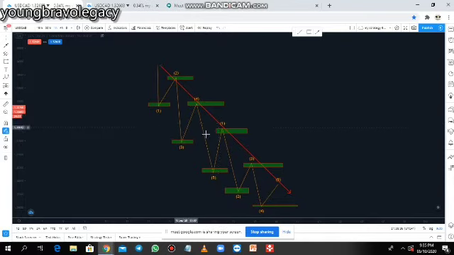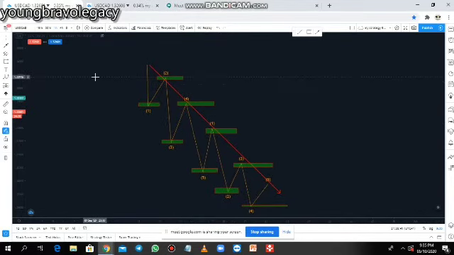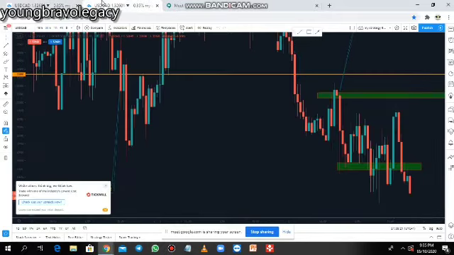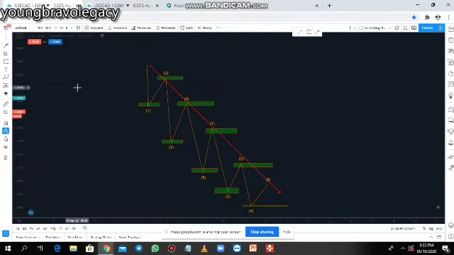With that being said, from what we have been saying, the structure of a downtrend is lower highs and lower lows. I said the meaning of lower low simply means that it is lower than the previous low.